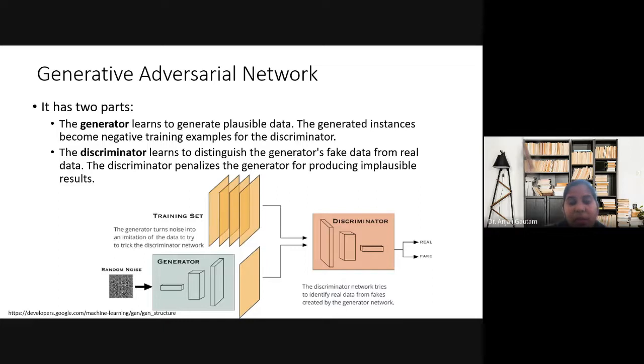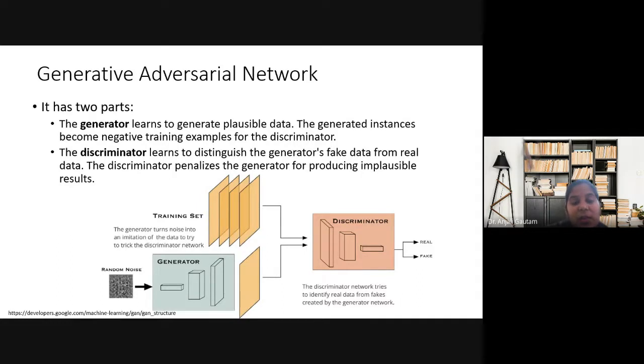So the generator is learning to generate plausible data, meaning data you cannot say is not real data. That plausible data it generates becomes a negative training sample for the discriminator, meaning obviously fake images.